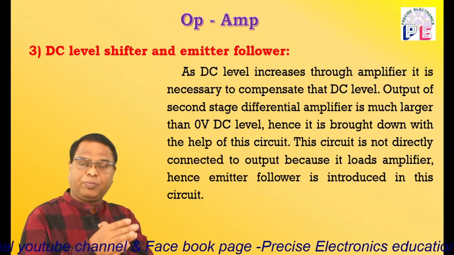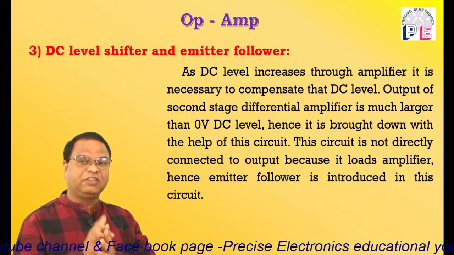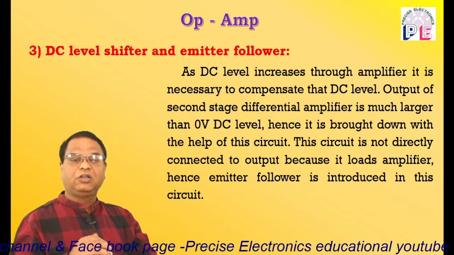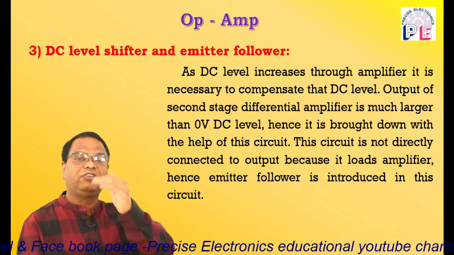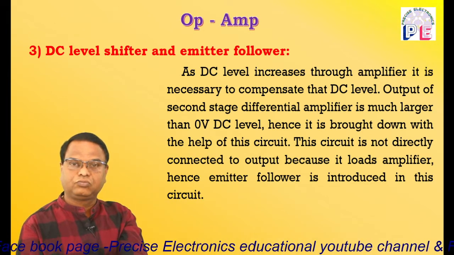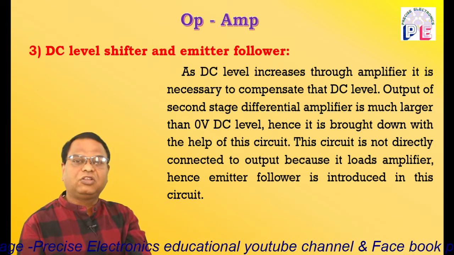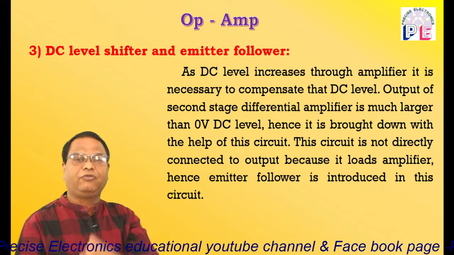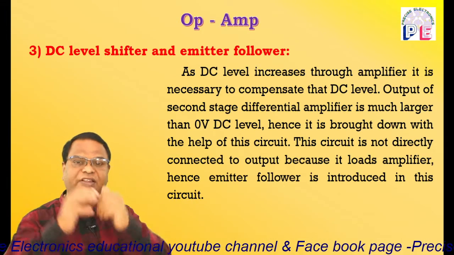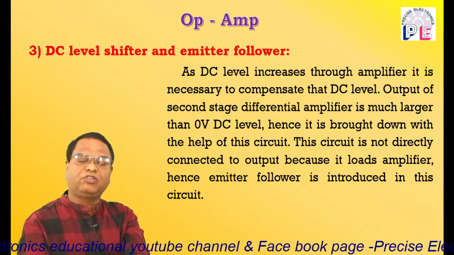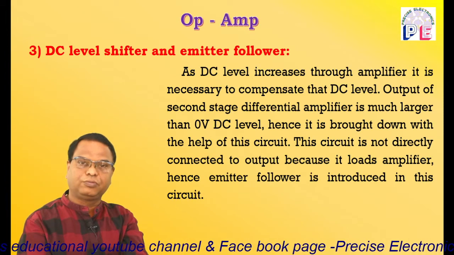The output of the second stage differential amplifier is much larger than the 0 volt DC level. The gain of the amplifier is very high, and because of this, the 0 volt DC level may vary. So it is necessary to compensate that 0 volt DC level, and for that purpose, this level shifter is used.